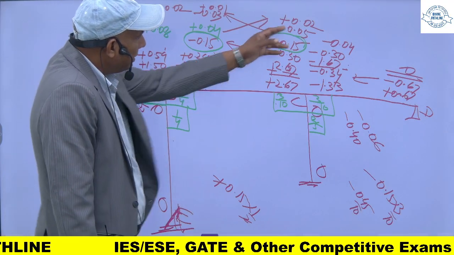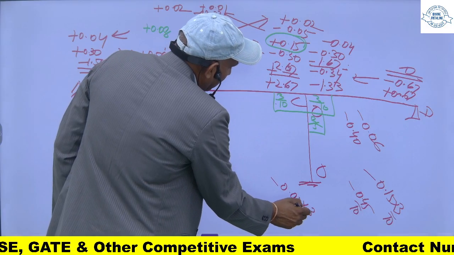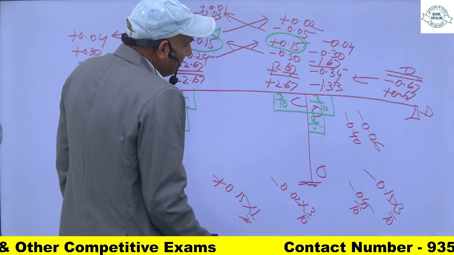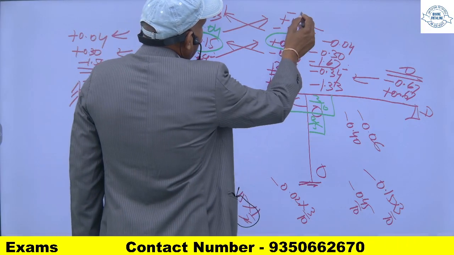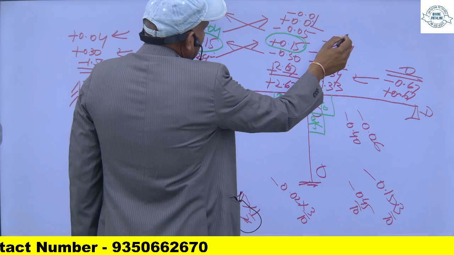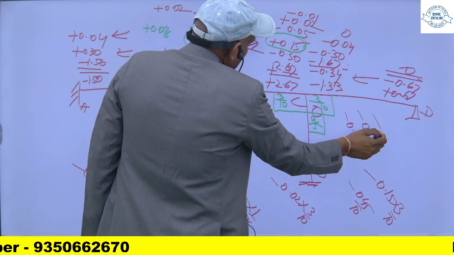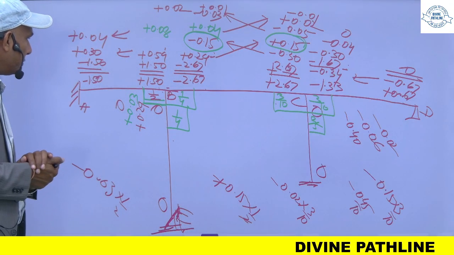Similarly, for this member I will apply a minus 0.02 correcting moment, this into 3 by 10, so this will be 6 by 10. This you can say minus 0.1, and this 0, and then minus 0.02, something like this. Now it is almost distributed.